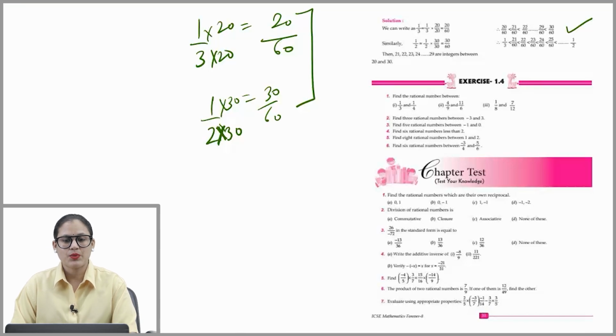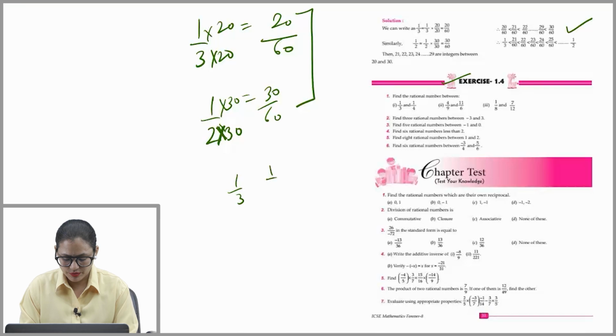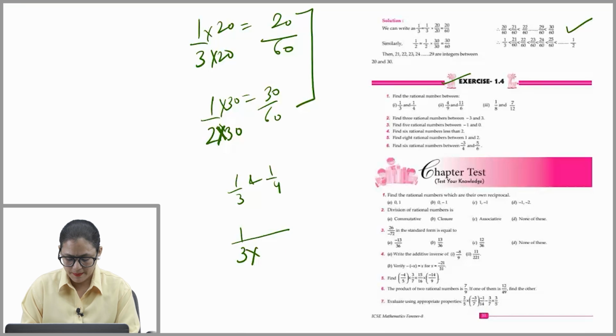Okay, exercise 1.4. We have to find the rational numbers between 1 by 3 and 1 by 4. So what will you do? You will make the denominator the same. Okay, let's make it 12.